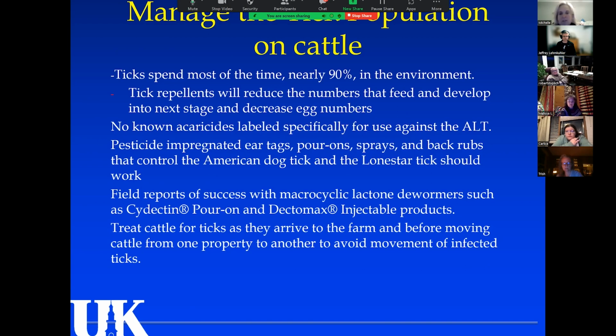I follow the directions. Organophosphates work very well, but you have to be careful on young animals with organophosphates. But the pyrethrins are knockdowns. They don't typically last a long time. But anything labeled for ticks, and there are a lot of products that have a tick label, should work.